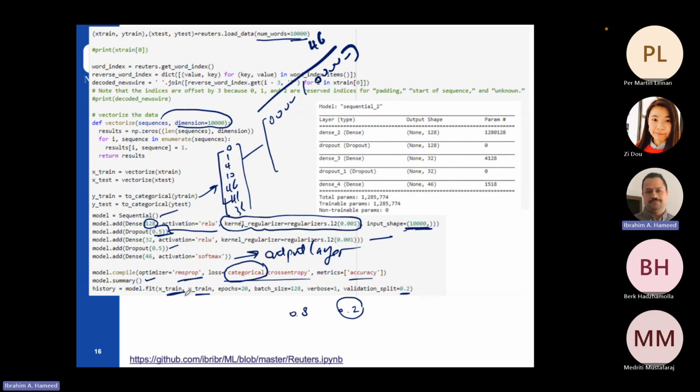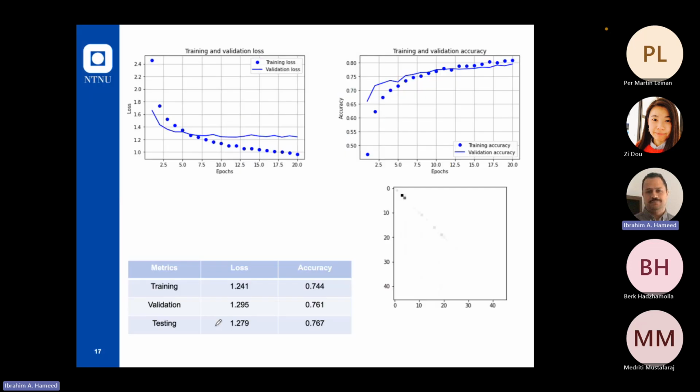And we will train the model using X-train, Y-train for 20 epochs. Remember, here we didn't use early stopping, which means the model will be trained for 20 epochs. We have a validation split, but we will not monitor the validation loss because we didn't use early stopping. We will be able to plot those curves for the training and the validation, but we are expecting that this model will be trained for 20 epochs.